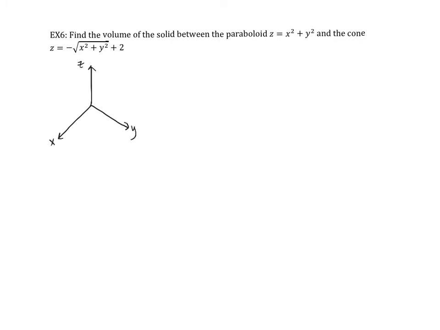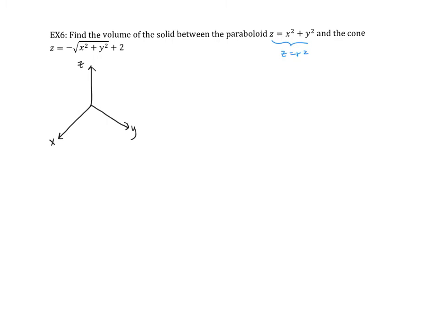Since I'm given my z values, I just have to figure out which one is my upper limit of integration for z and which is my lower limit. Also, I'm going to switch this to cylindrical, so I don't want x squareds and y squareds. I want r squared there. So I can see right away that I get z equal to r squared.